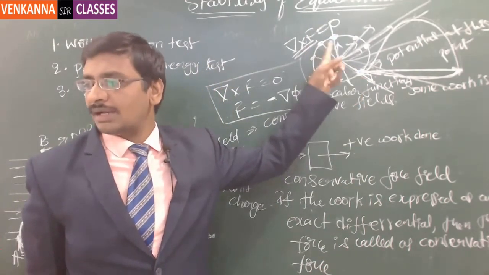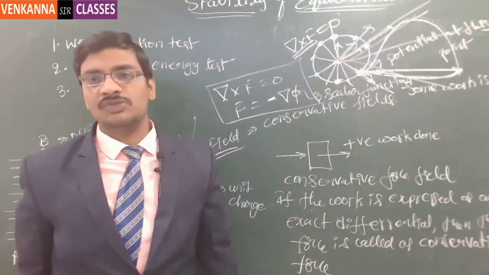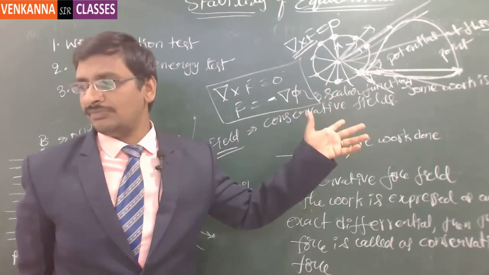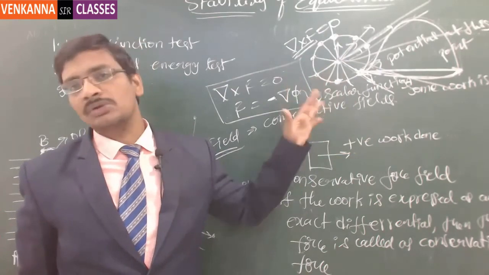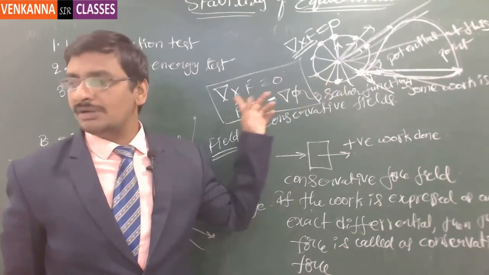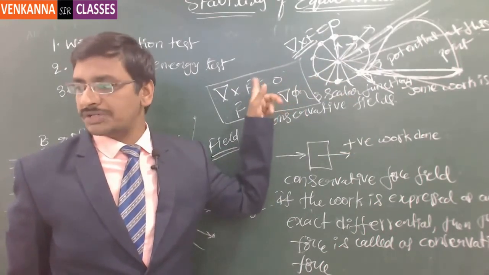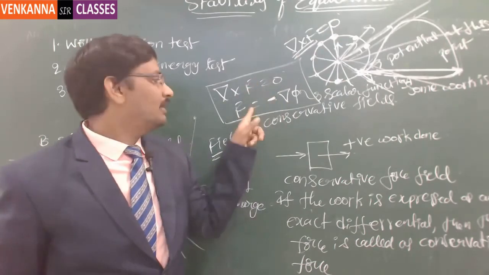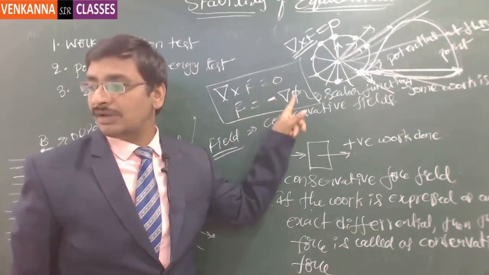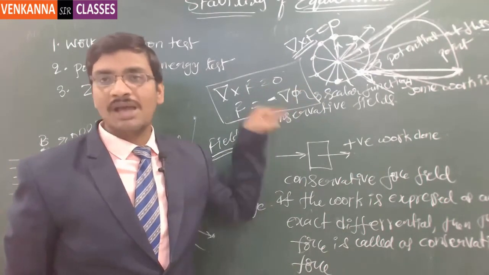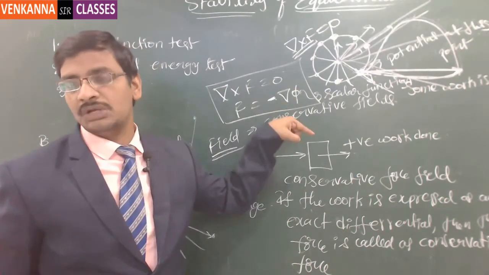Where del cross F equals 0, we call it a conservative force field, because no crisscross forces are there. As no crisscross forces are there, obviously del cross F will be 0, no rotational component, and F can ideally be equated to minus del phi, where this phi is a new scalar variable that we have introduced now.